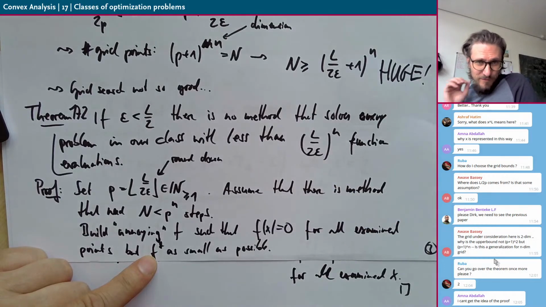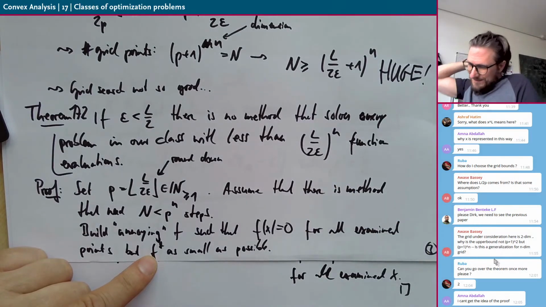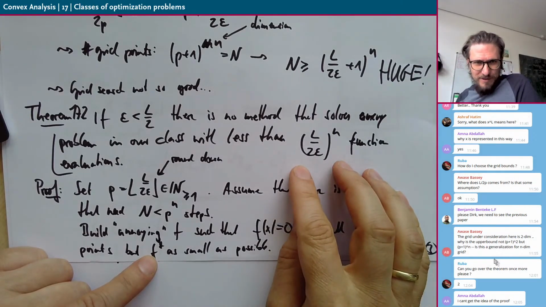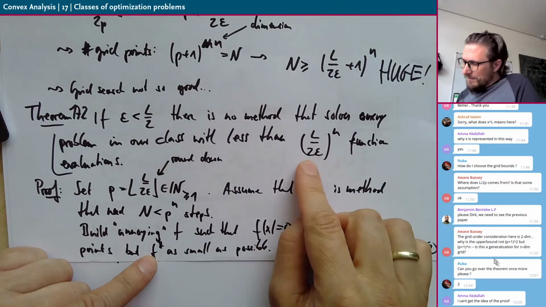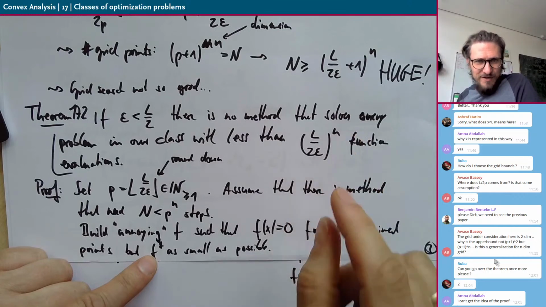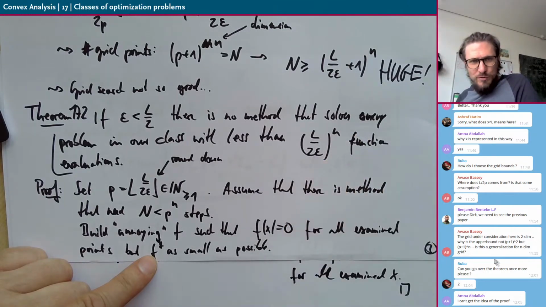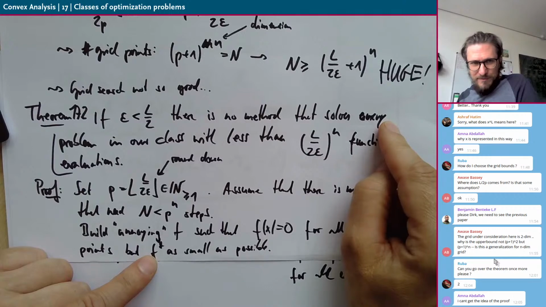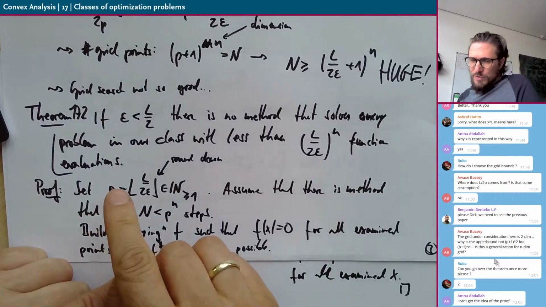That is the statement of the proof, which means something like, how hard is our problem class? Our problem class is so hard that we need at least L over 2 epsilon to the n function evaluations to be sure that for a given problem in this class we have found a point which is epsilon good.